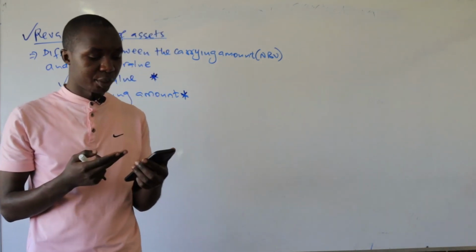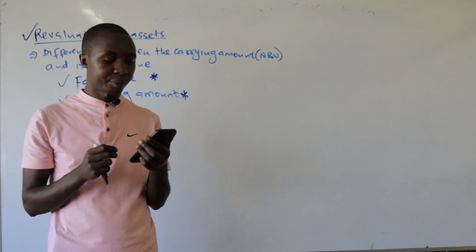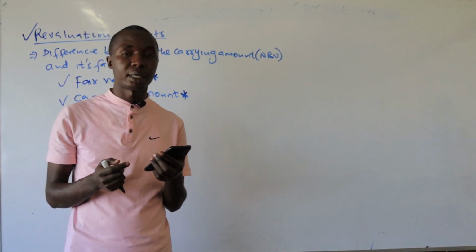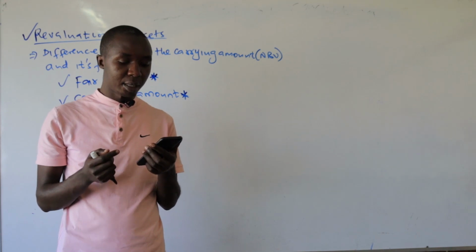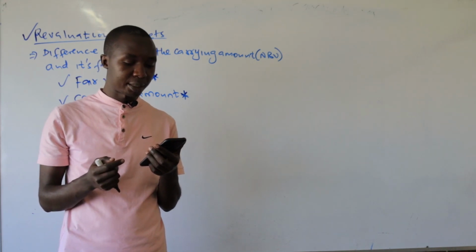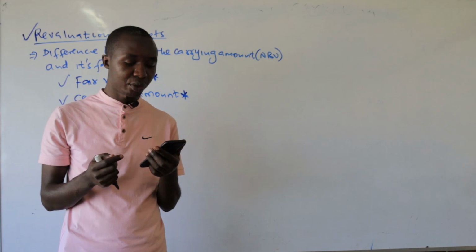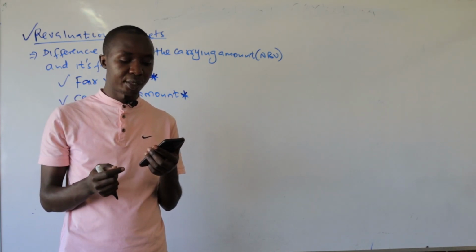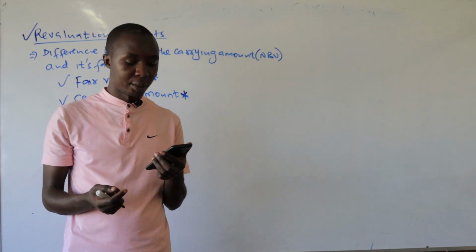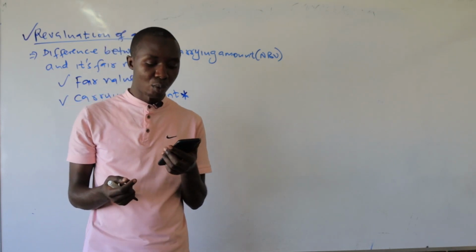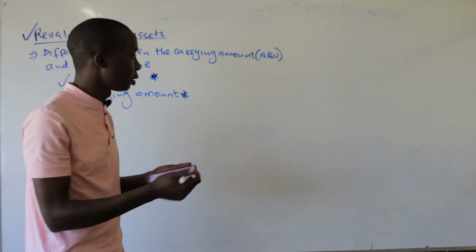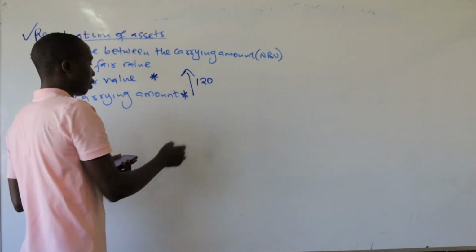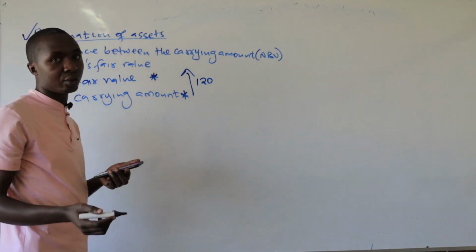Like now in our question here, in the additional information number 1, the examiner said that the fair value of Sarama Limited's net assets approximated their carrying amount, with the exception of a specialized piece of equipment which had a fair value of 120 in excess. So you can see the fair value was in excess of the carrying amount by 120.